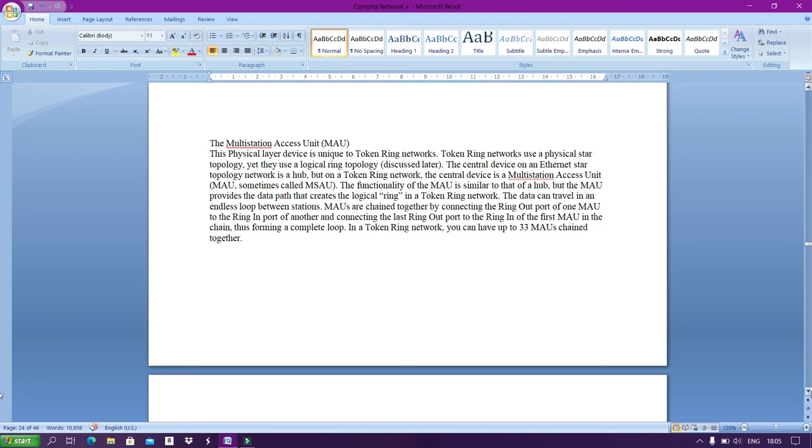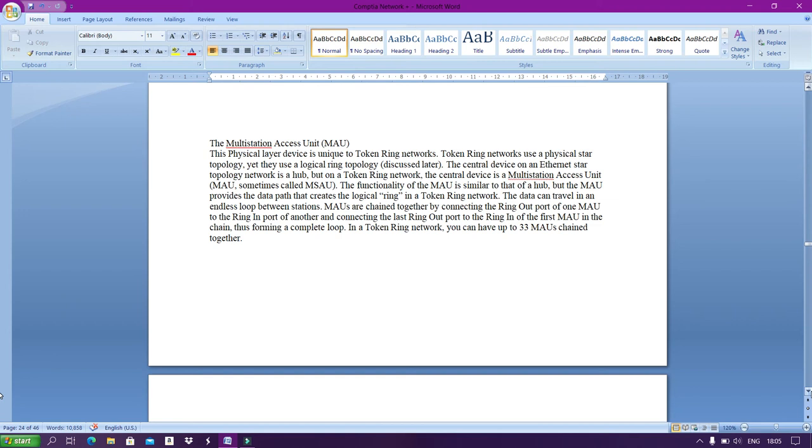The functionality of the MAU is similar to that of a hub, but the MAU provides the data path that creates the logical ring in a token ring network. The data can travel in an endless loop between stations.